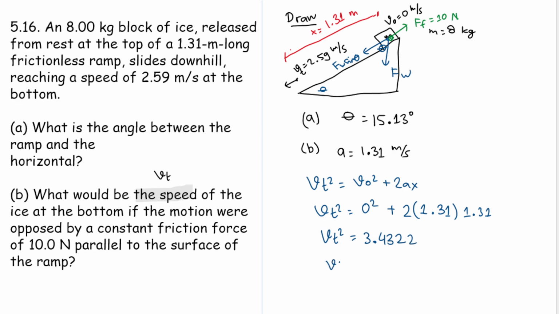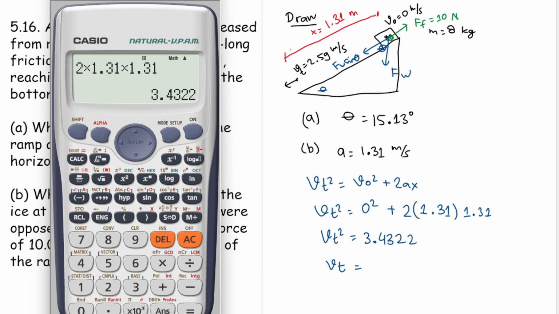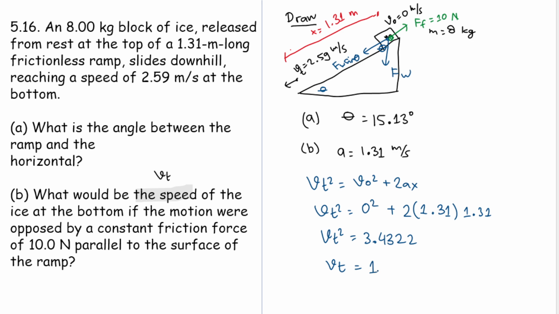This will be Vt squared, so we take the square root of this number, and that will be 1.85 meters per second.